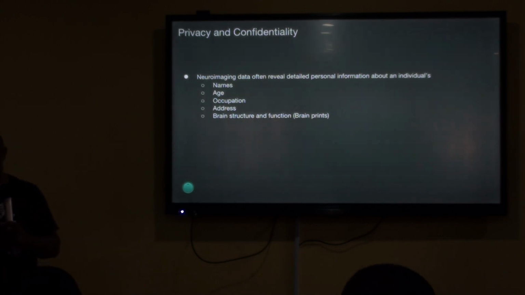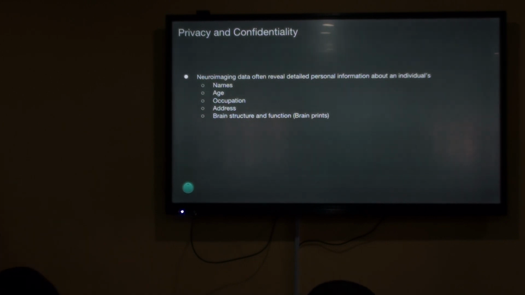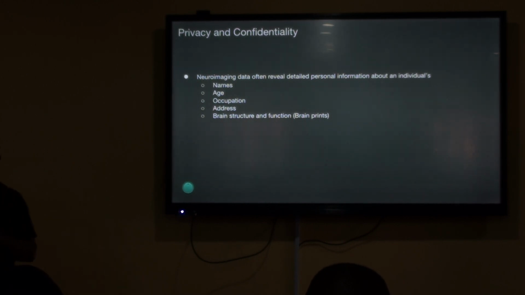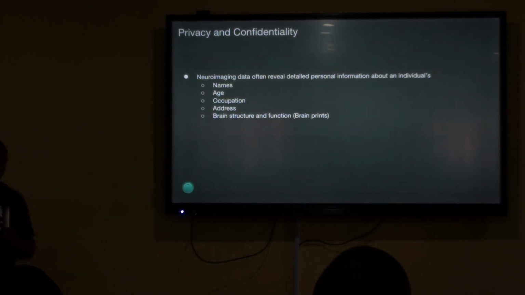If I know the occupation of your patient and maybe the age of your patient, do you think I can identify who your patient is? Who thinks I can identify your patient from age and occupation? Yes, yes, yes.